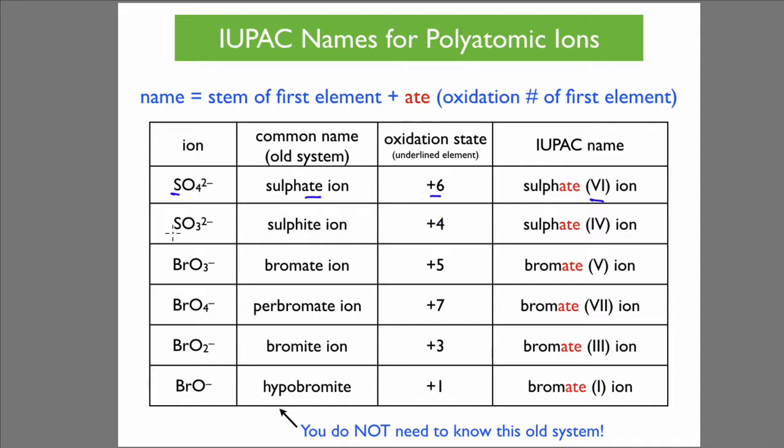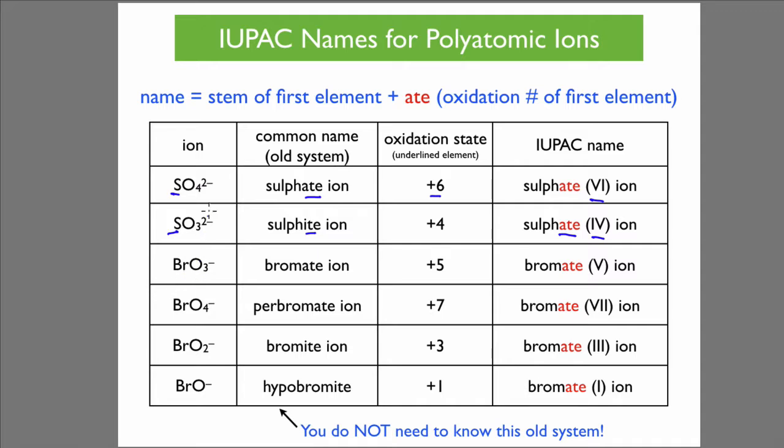So it's sulf-. Okay, the old system would be -ite because you've lost 1 oxygen. New system, you write -ate, and you'd write the Roman numerals of the oxidation state of the sulfur.